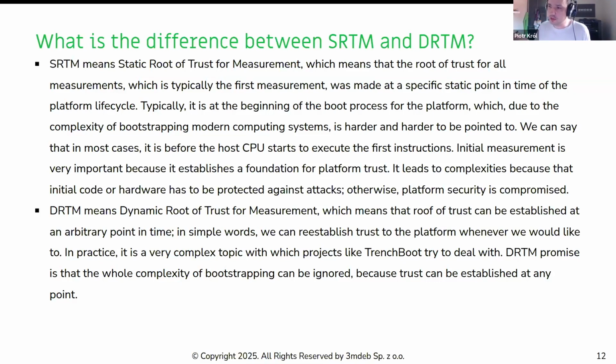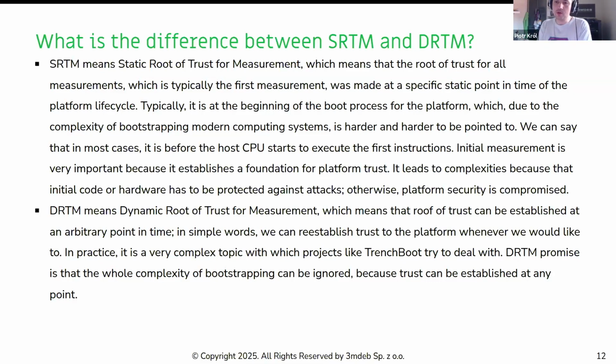When you invoke this instruction, you essentially enter a special mode, and in this mode you can re-establish trust in the platform, because you are creating, you could say, a small enclave, but this is not like an SGX enclave. It is a concept which is much older than SGX. A protected area of memory is created in which you put some piece of software, and it should be protected against SMM attacks and DMA attacks.